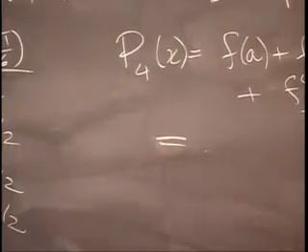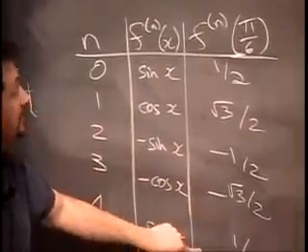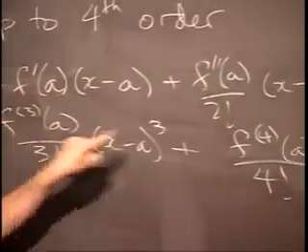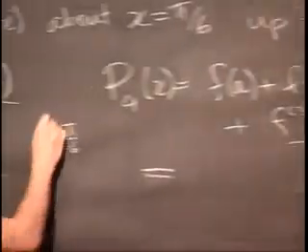Now I'm going to immediately just plug in these values, which are now not all the same, in place of these derivatives here at a. And I'm also going to put a equals pi over 6, just to remind myself of this.